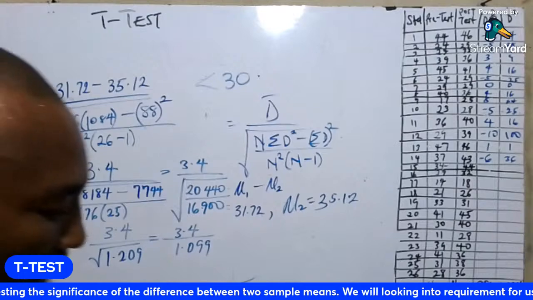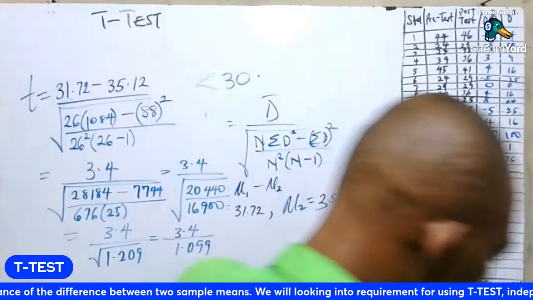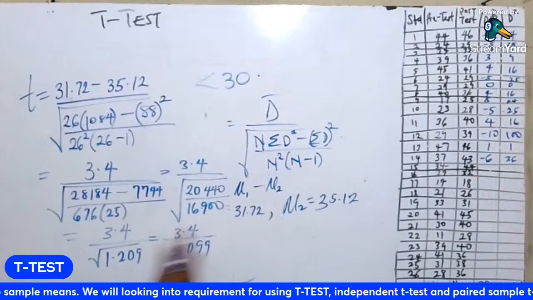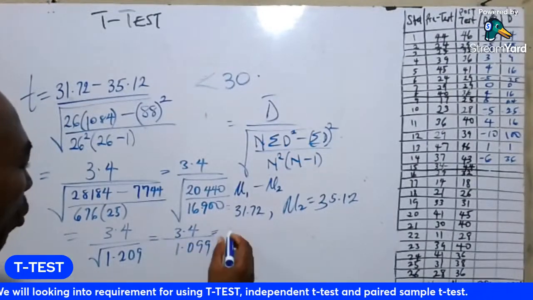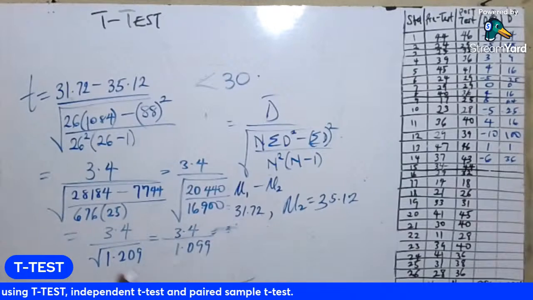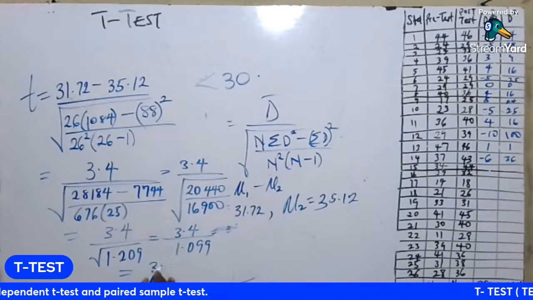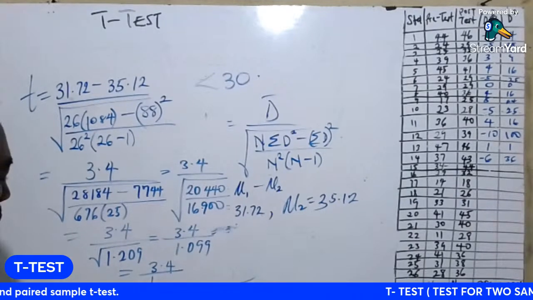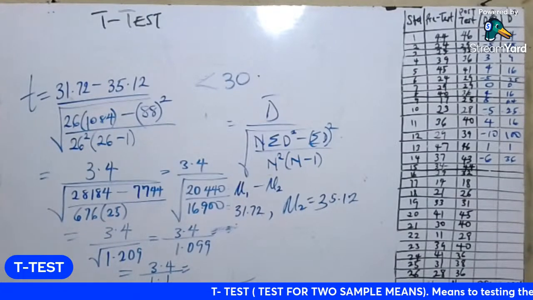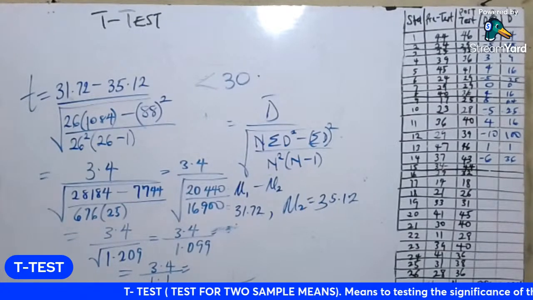So 1.21 now, when I take the square root of that, of course, I can take this one approximately to 1.1. So at this junction, this is equal to 3.4 over approximately 1.1.